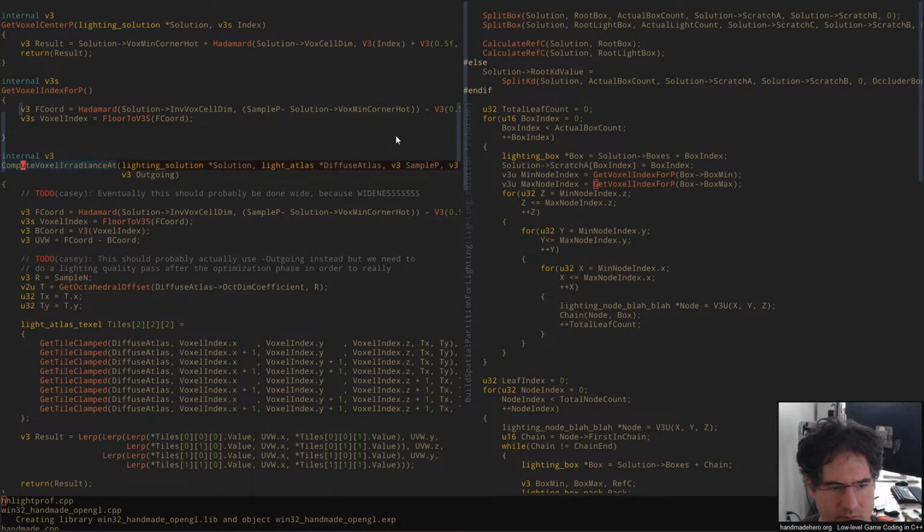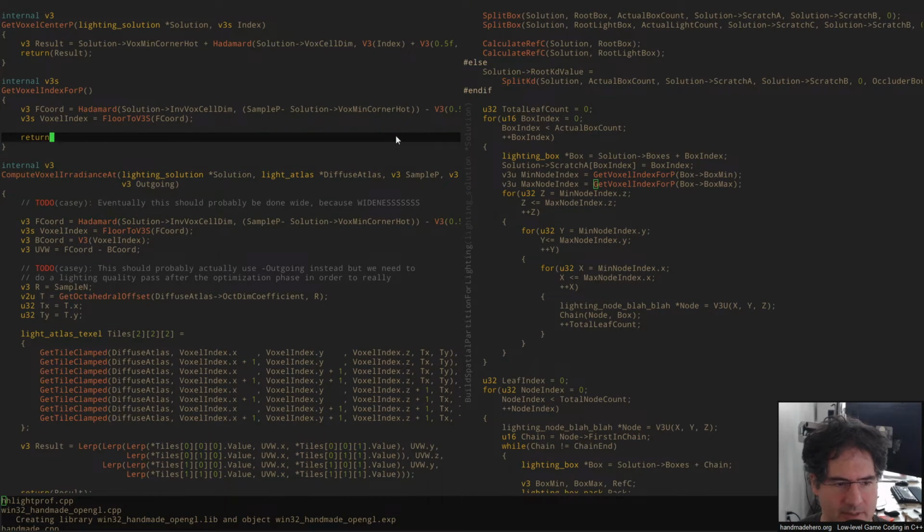And I assume that it would be safe probably to make this be a thing that happens here as well. But I'm not going to do that because since this has kind of a slightly different thing, it needs the UVWs as well. I'm just not going to put that part in there. So I'm going to have get voxel index for P here. Take the V3, whatever the P is, and the lighting solution and produce that value. So it's going to do exactly the same thing.